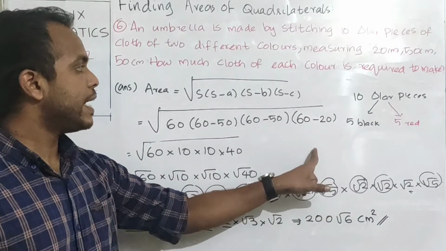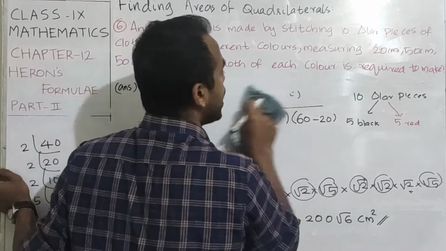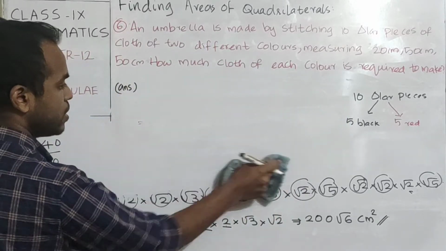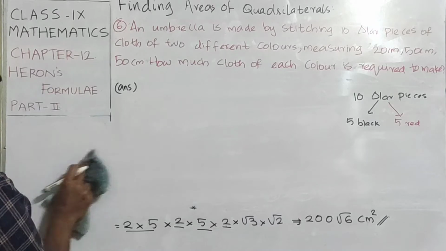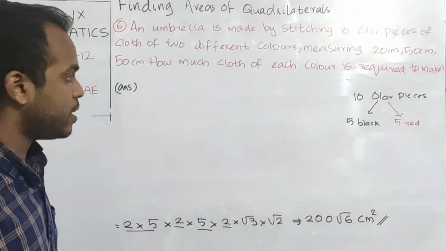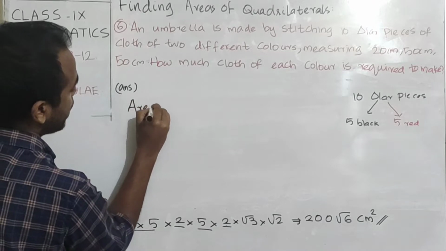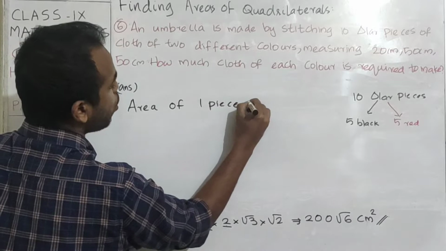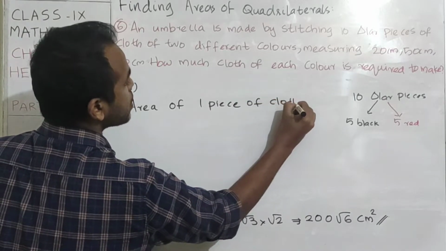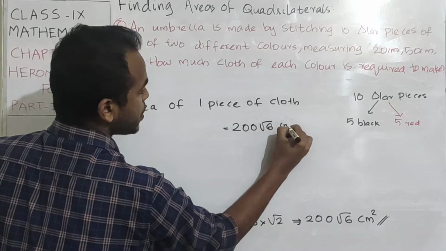This is the area of one cloth. So we have found the area of one cloth of either color. Both of them have the same dimension. Irrespective of the color, both have the same measurement. So we can write the area of one piece of cloth is equal to 200 root 6 centimeter square.